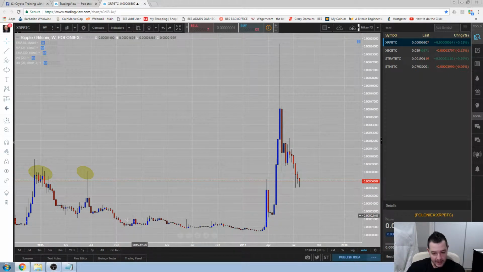So if you were buying all the way down here, and you had some of your sell orders set on the way up at these different points, if you had a sell order set at your 8,000 level, which was your previous all-time high, which is what I do some of the time with some coins, eventually we would have hit that all-time high here at this point. Now, obviously, that's months of time, but the coin got back to that point again.